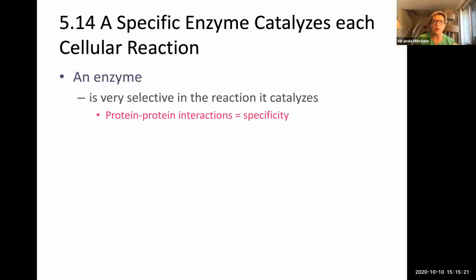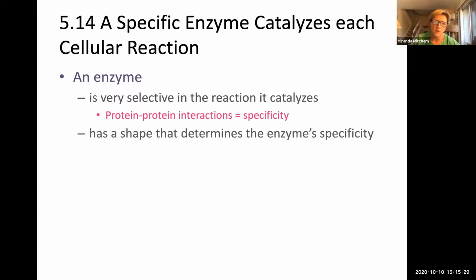Because we're talking about protein-protein interactions, this leads to the specificity we would expect. It is that three-dimensional shape of the enzyme, of the protein, that determines its function, its specificity, just as we've been talking about all semester long since we began talking about proteins. It's always about the three-dimensional interaction.